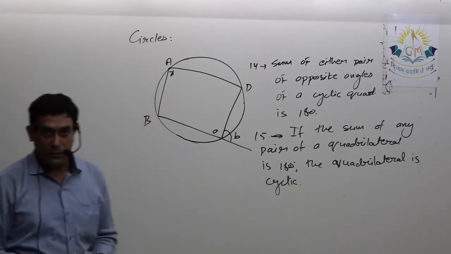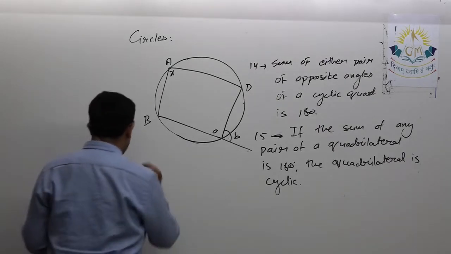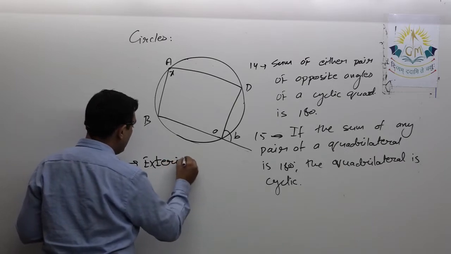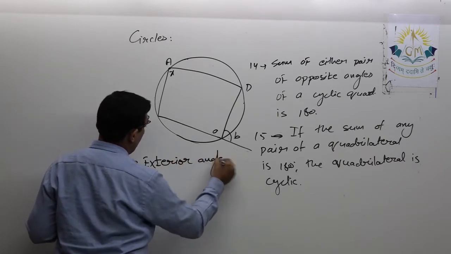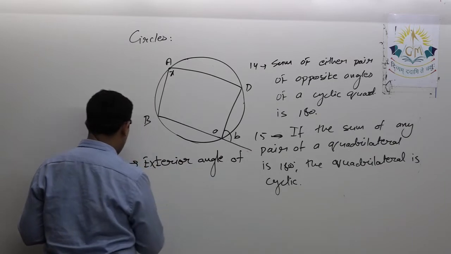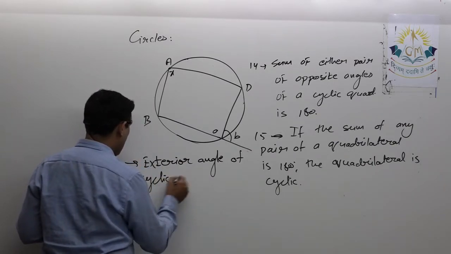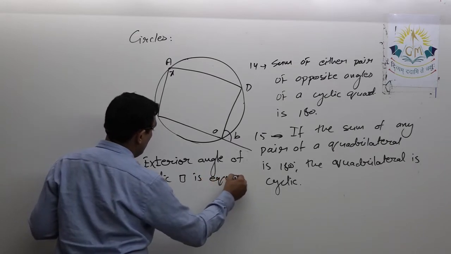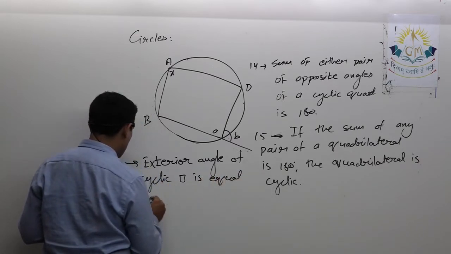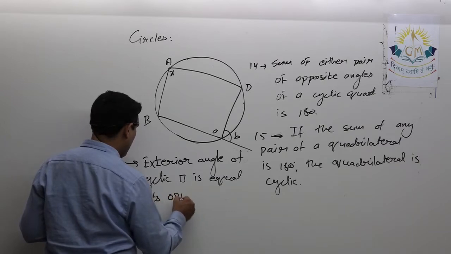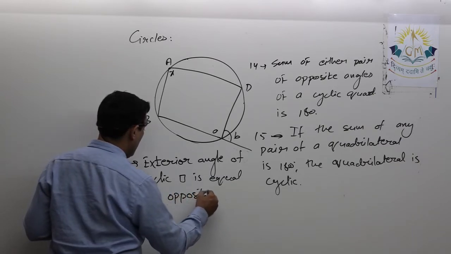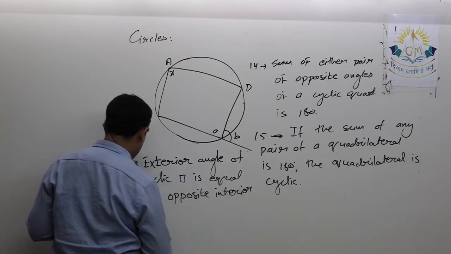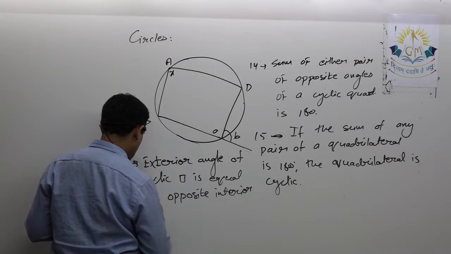So exterior angle of a cyclic quadrilateral. Next theorem is: exterior angle of a cyclic quadrilateral is equal to its opposite interior angle.